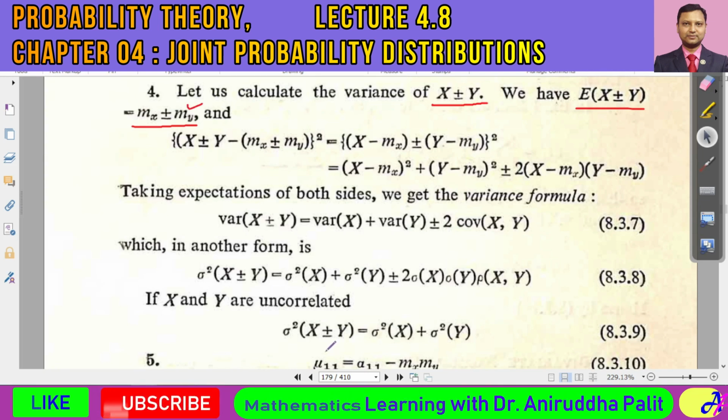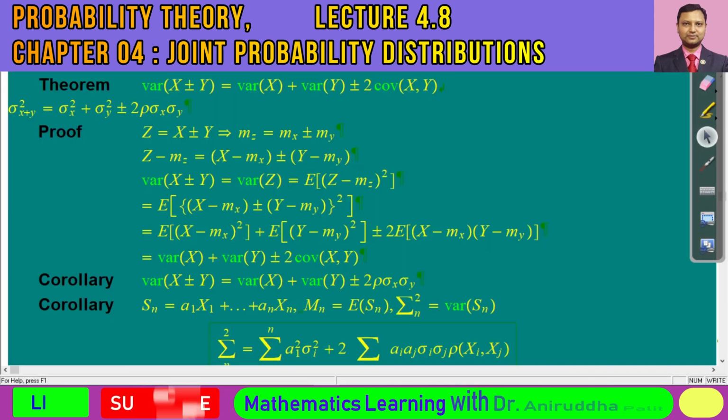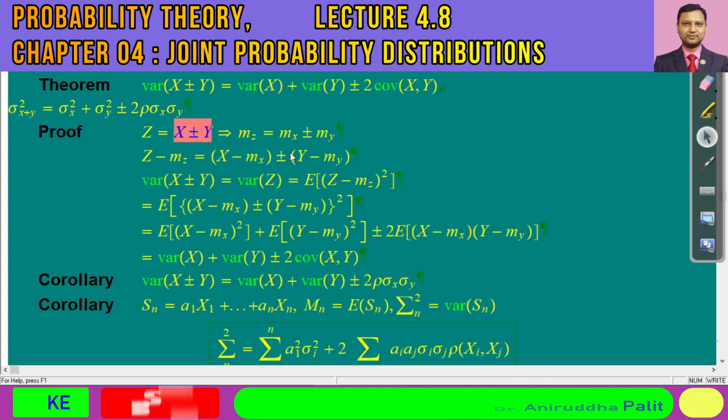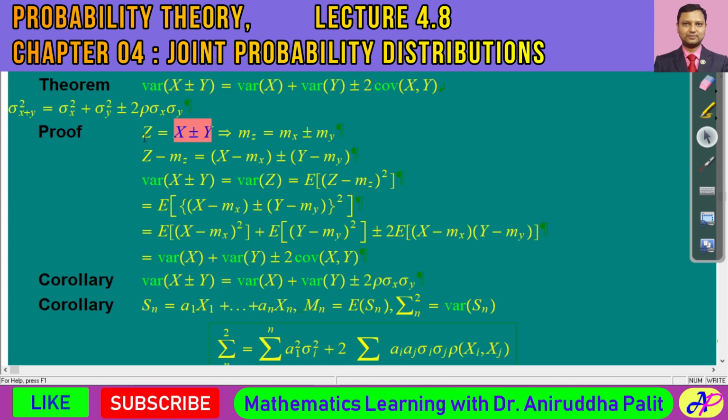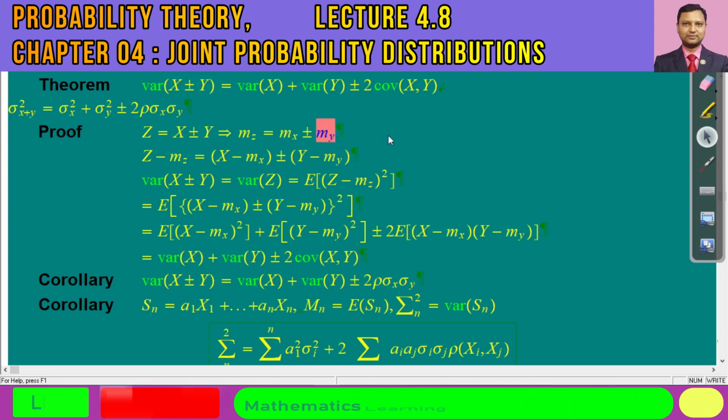So if we consider that z is equal to x plus minus y, the mean of z, m of z, can be written as mx plus minus my.